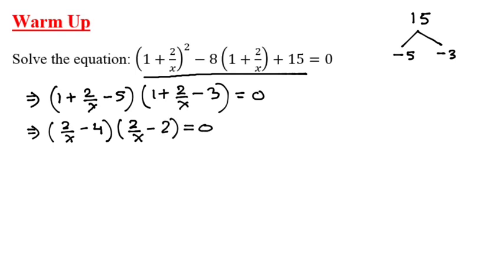If you use the zero product property, then you can say either 2 over x minus 4 equal to 0, or 2 over x minus 2 equal to 0.